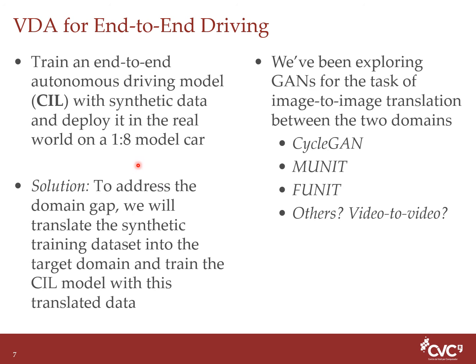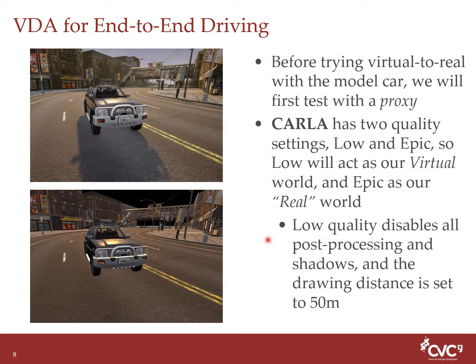So we'll use several image-to-image translation techniques such as CycleGAN, MUNIT, and FUNIT, possibly others in the future. As a first step, we'll train the model in CARLA using low quality settings and then we'll want to translate this model into CARLA with epic quality settings. So basically, in this first step, low quality will act as our virtual world, and epic quality will be our real world. And you can see the differences of both.